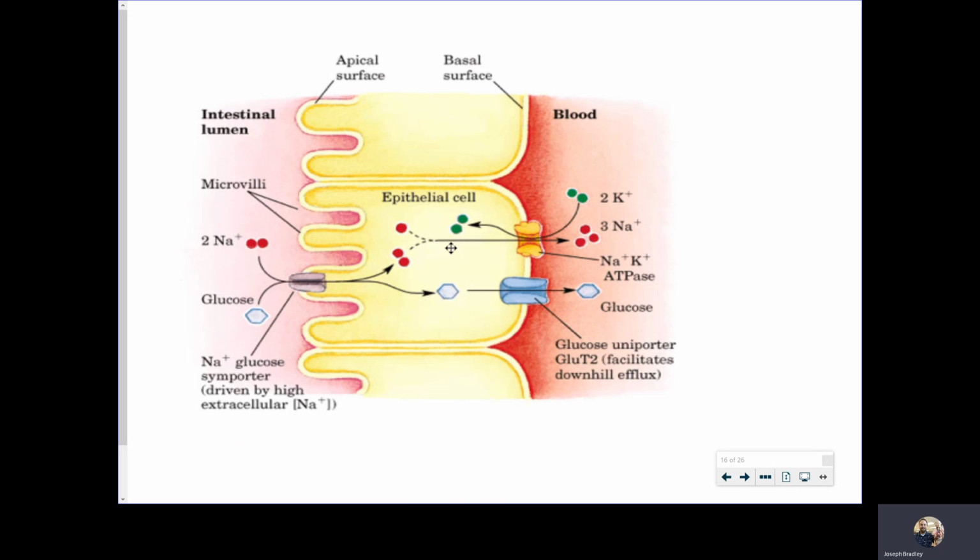We pump it out. If we constantly have a high concentration here, we need to pump the sodium out. That's what we use the sodium-potassium pump to do. And then the glucose goes through this transporter by facilitated diffusion. We'll talk about that in more depth in a later lesson, but this is just an example of how sodium-potassium pumps are used. Again, it creates a gradient so that naturally this stuff can actually move through.